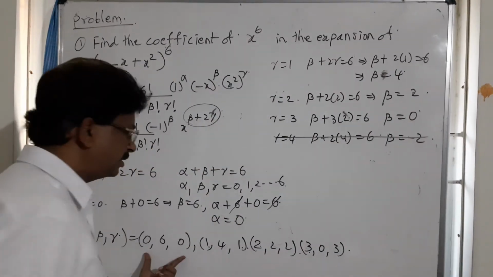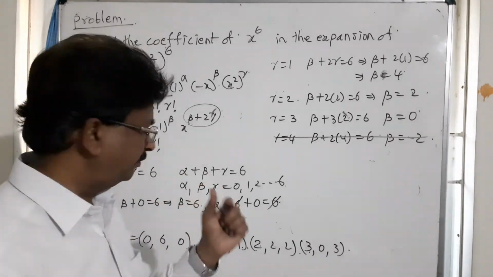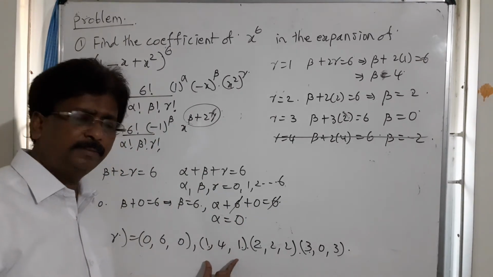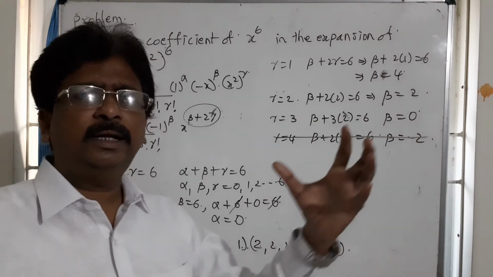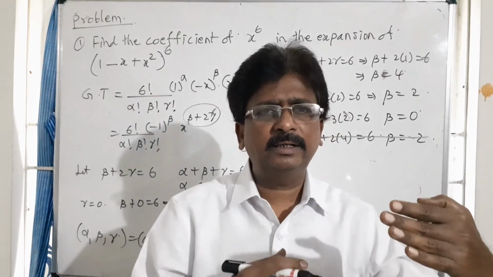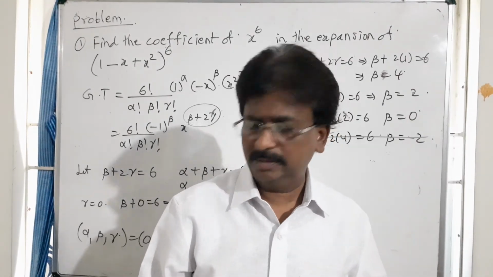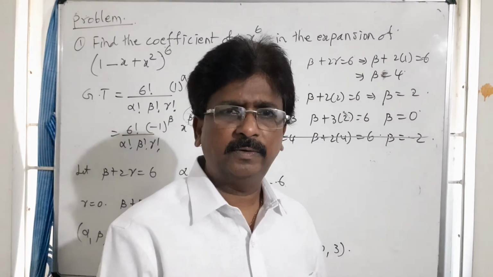Now in this situation, the same term, what term? X power 6 term will come. Here also x power 6 term, here also x power 6, here also x power 6. So we have to collect all the x power 6 terms. Just we have to collect their coefficients only. So I will write all the coefficients of x power 6.